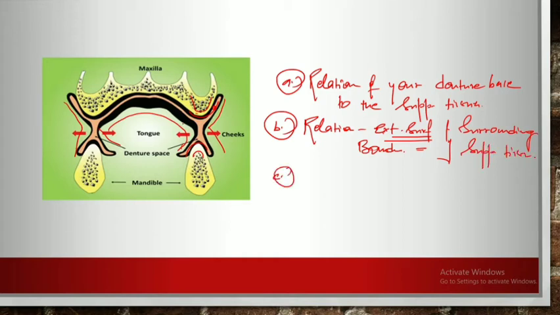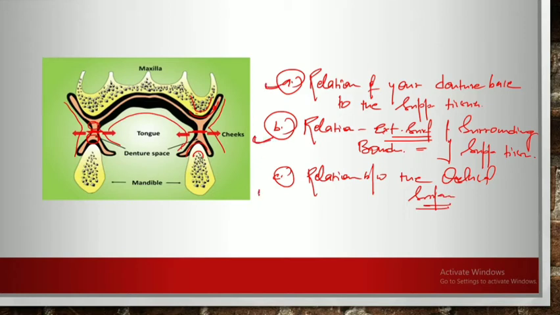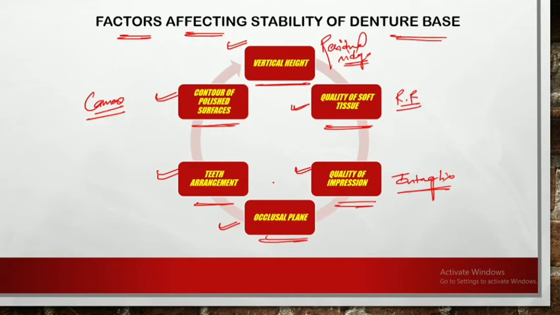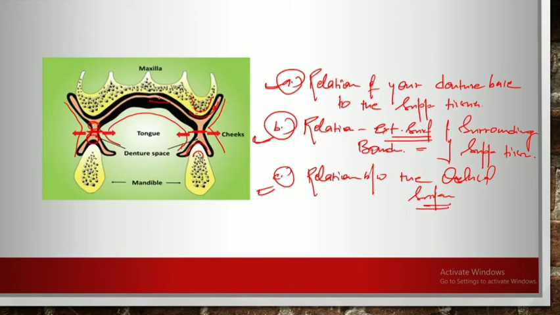And third will be the relation between the occlusal surfaces of maxillary as well as mandibular dentures. So these are the three main headings in which I can categorize all 6 factors, right? Vertical height, quality of soft tissue, quality of impression, occlusal plane, teeth arrangement and contour of polished surfaces.